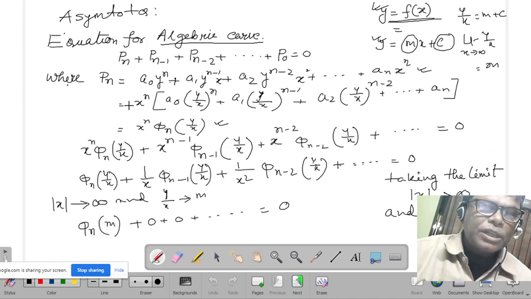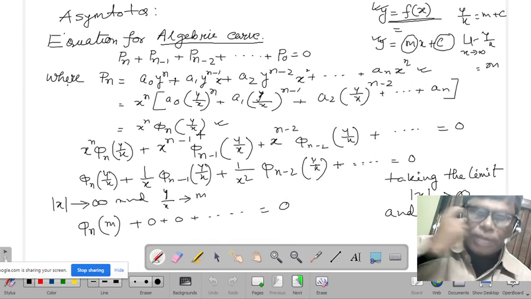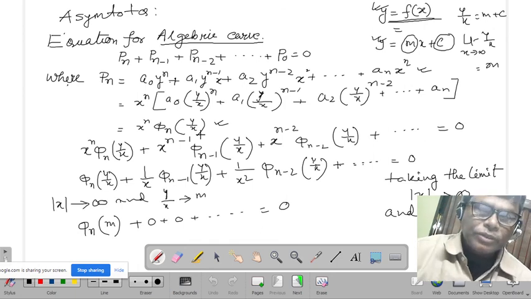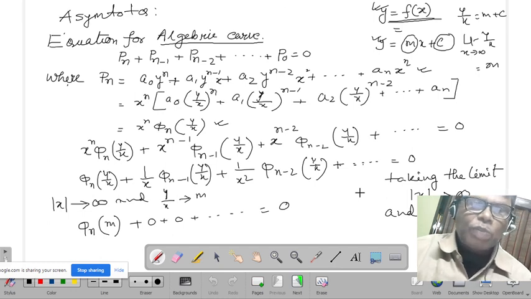Make that equal to 0 and you will get the asymptotes one after another. That's why it has been taught that you make the highest degree term equal to 0.